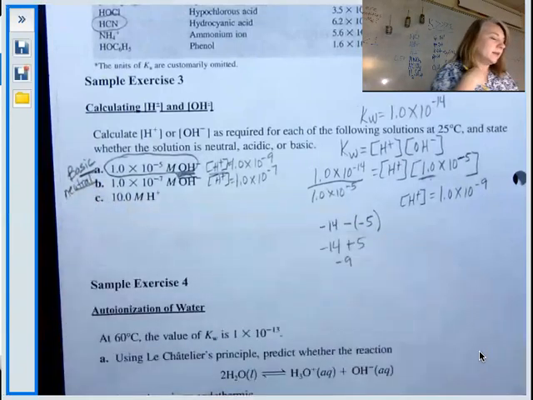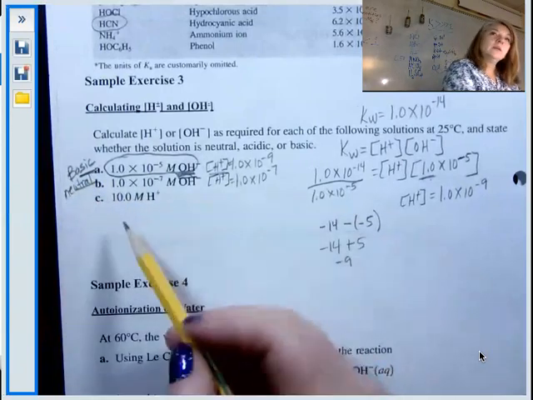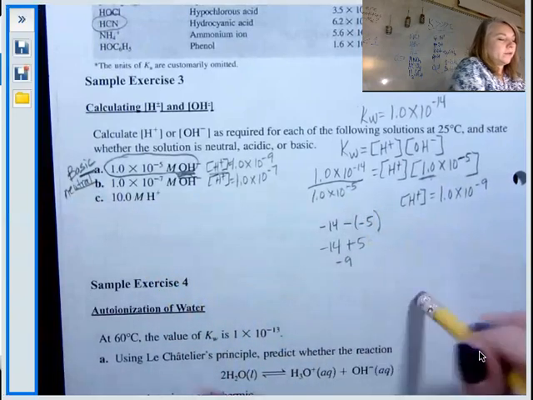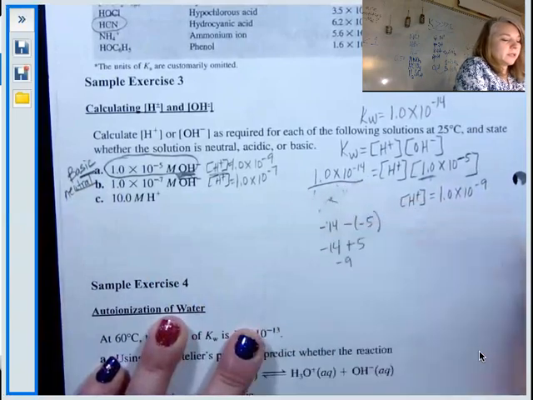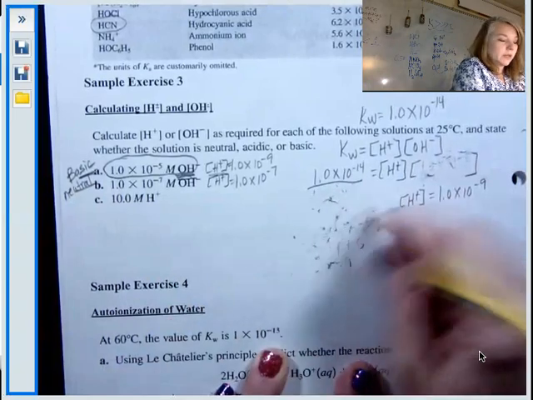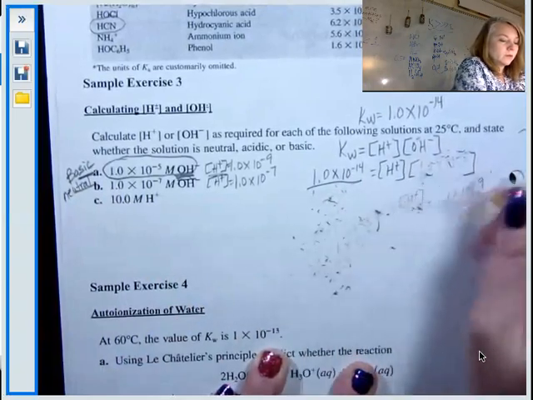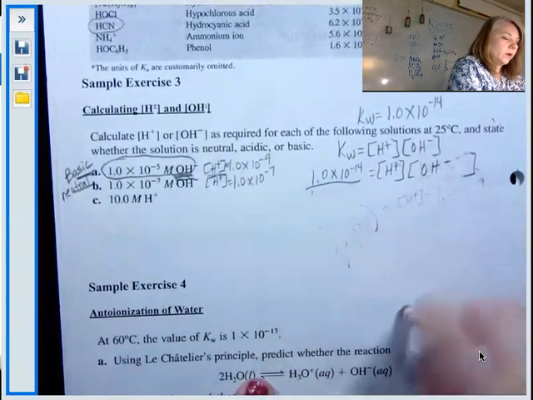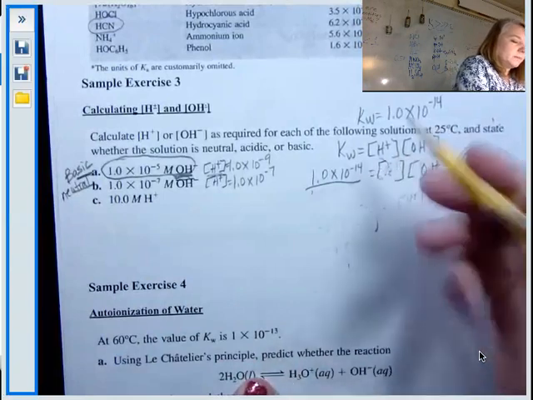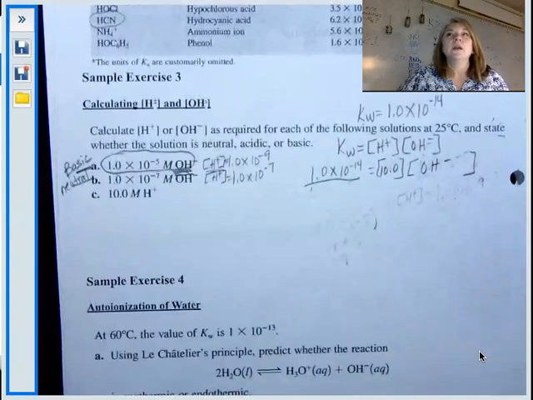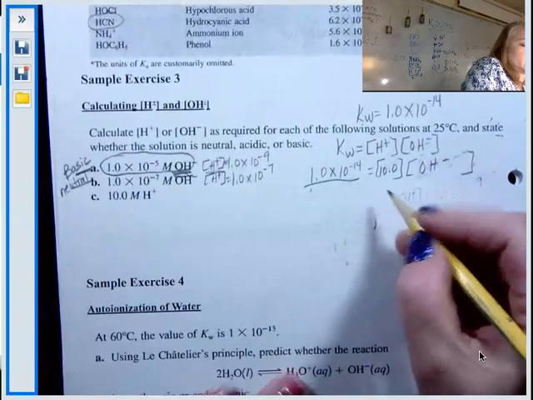How about C? Now this one we have to work out. We know that our KW value has to be times 10 to the negative 14. I'm just going to erase these so we can do the same thing. This is the OH minus we're looking for, and this number is 10.0. Technically, to make this way easier, couldn't we put 10 in scientific notation? What is 10 in scientific notation?